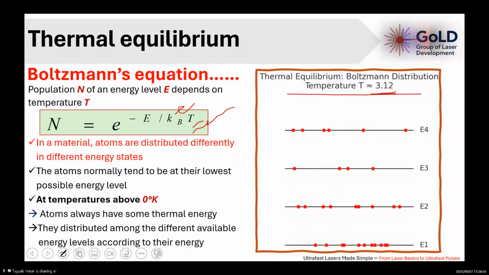And in the normal case, it's distributed in different energy levels. Ground level or lowest level is highly occupied or populated. Okay. And because there is always some thermal energy at temperature above 0 K, the electrons you can find in higher energy levels sometimes.